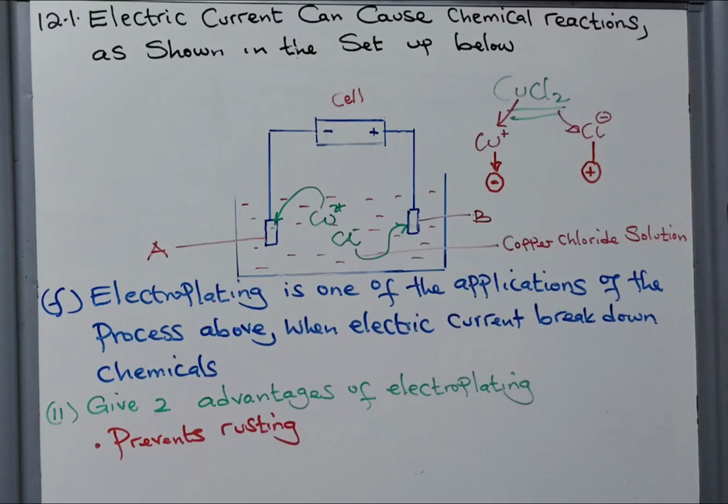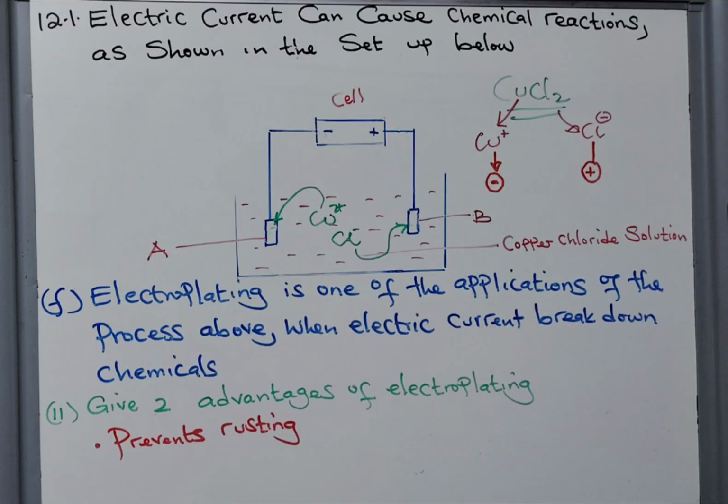It rusts, it becomes corroded by atmospheric elements. So how do you prevent iron-containing materials from rusting? By coating it with another material such that iron is not exposed to the environment.